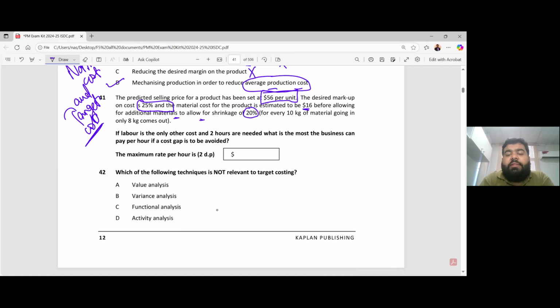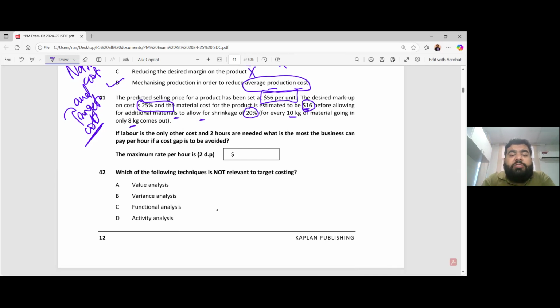They are saying that this cost of material is before allowing any shrinkage, because sometimes you take the material in production and it shrinks, due to which it gets lower in quantity. For every 10 kg of material going in, only 8 kg come out, meaning you input 10 kg and get an output of 8 kg. According to that, we have to do the calculation.